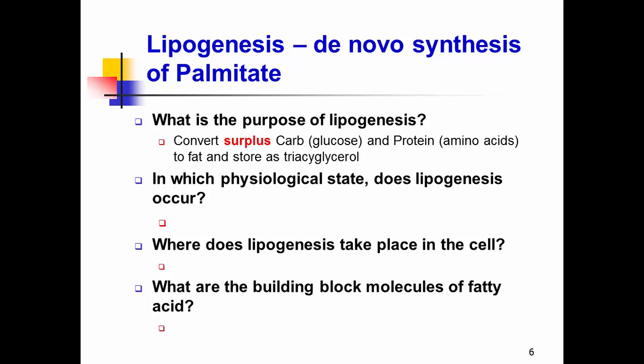So the purpose of lipogenesis is to convert extra or excessive carbohydrate and protein to fat. This process occurs in the liver, and once fatty acids are synthesized in the liver, they are transported to the adipose tissue and stored there in the form of triglyceride.